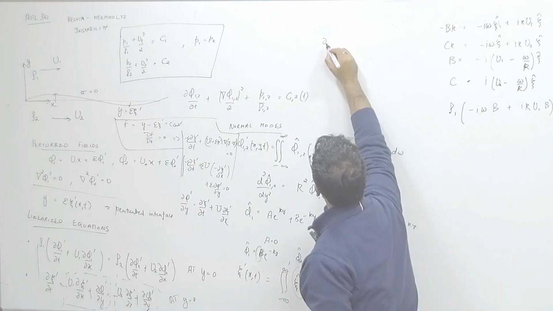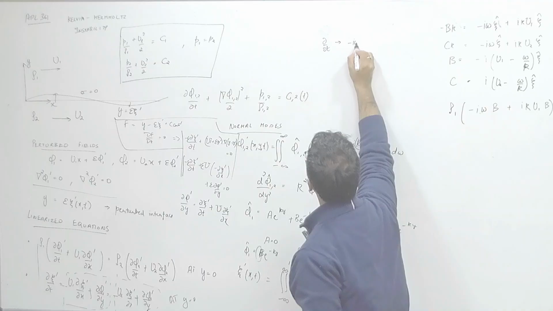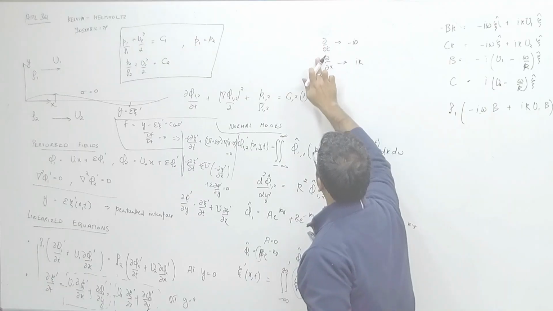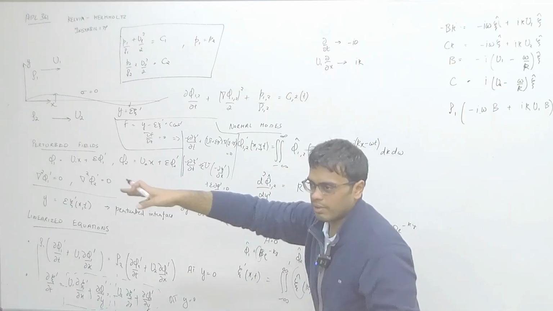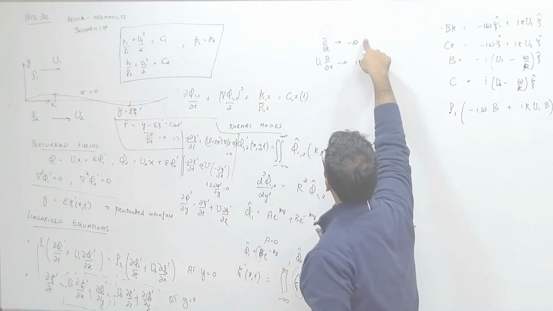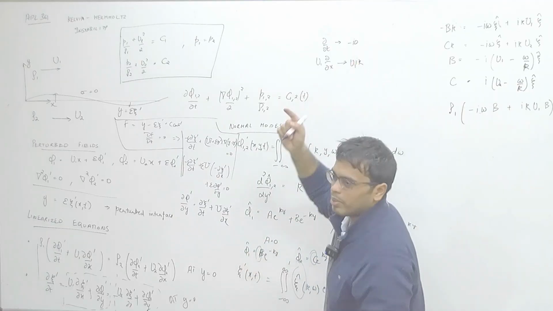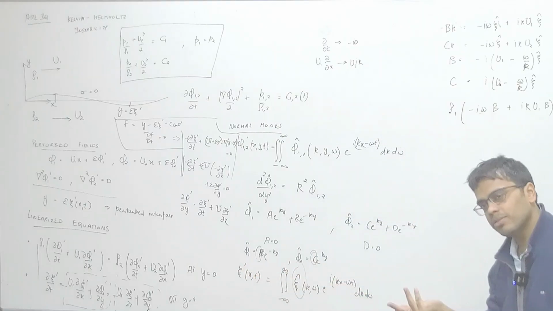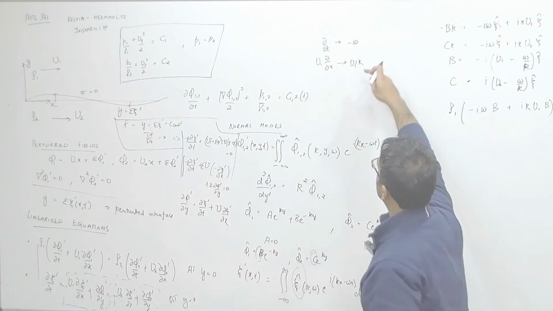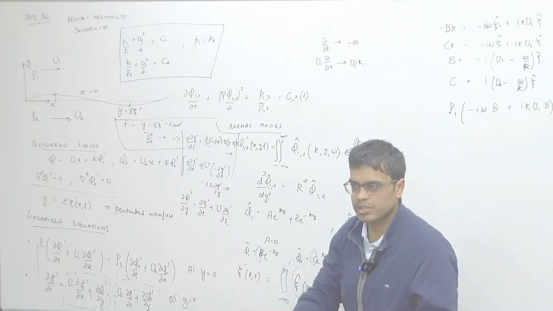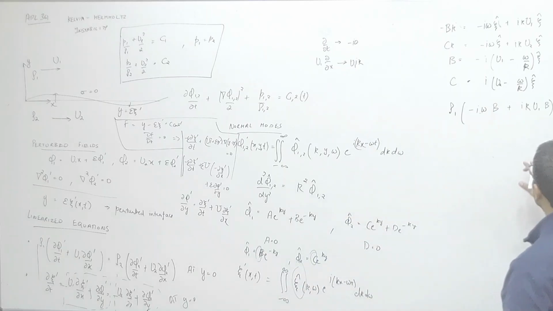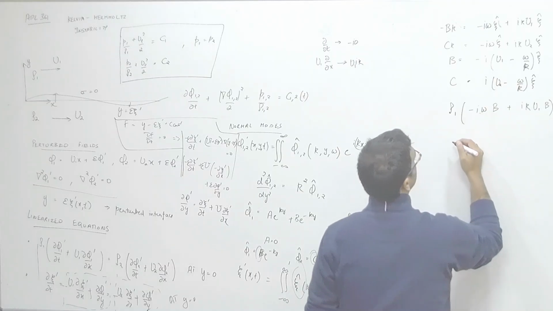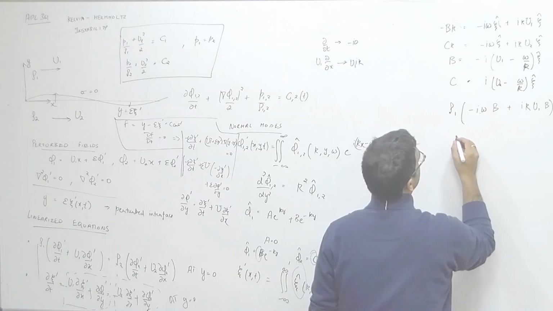Whenever you have del by del t, you are replacing it with minus I omega. Whenever you have del by del x, you are replacing it with I k. These two will be added because you have some convection. So you should technically always have minus I omega plus u1 ik multiplying. You should never have the signs reversed in between them. Basically minus I omega minus u1 ik makes no sense. These are checks which you can make in between your algebra to make sure what you're doing is correct.